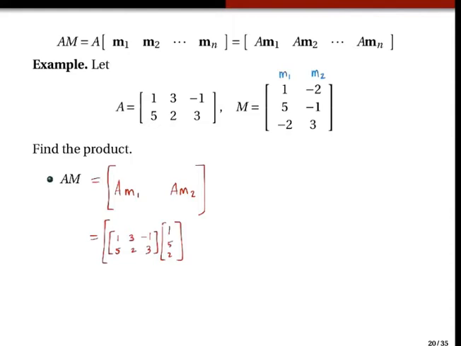And then for the other one, AM2, you have again 1, 3, -1, 5, 2, 3, and then your M2, it's -2, -1, 3.